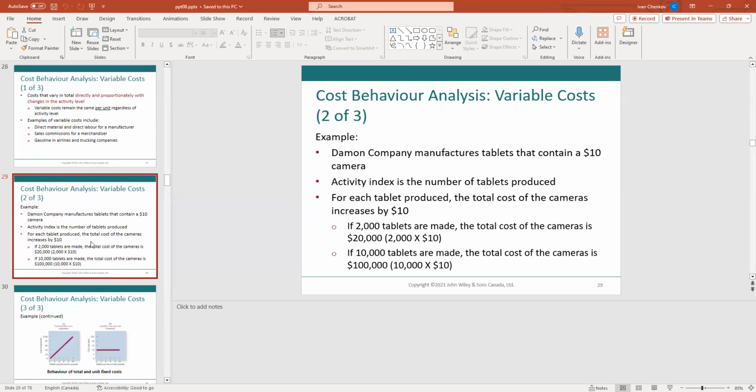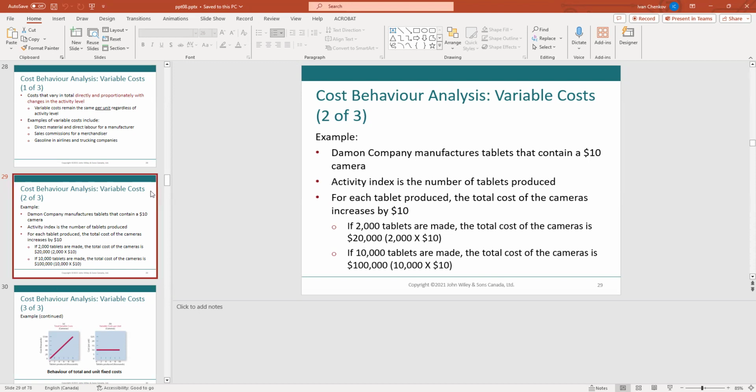Now, an example of variable cost will be manufacturing a tablet that contains a $10 camera. The activity index is the number of tablets produced. So basically, we're producing a tablet which has a camera, and the camera costs $10. The more tablets we produce, the more cameras we have to install, and the total cost for the cameras goes up. But the cost for a single camera always stays $10.